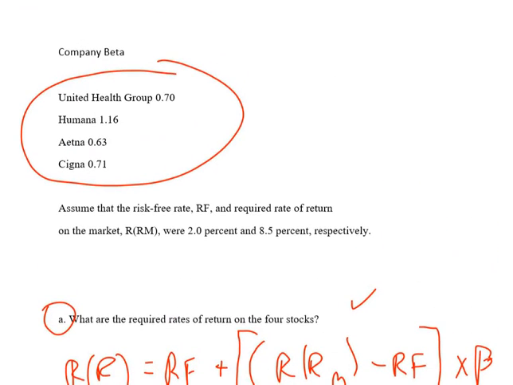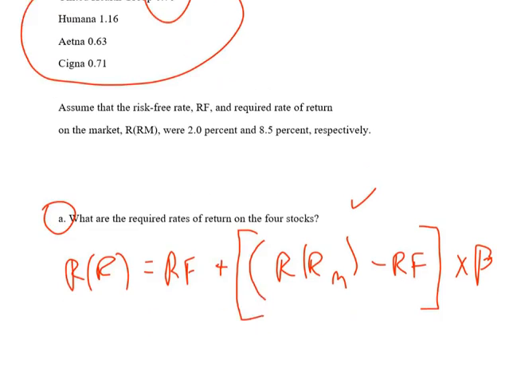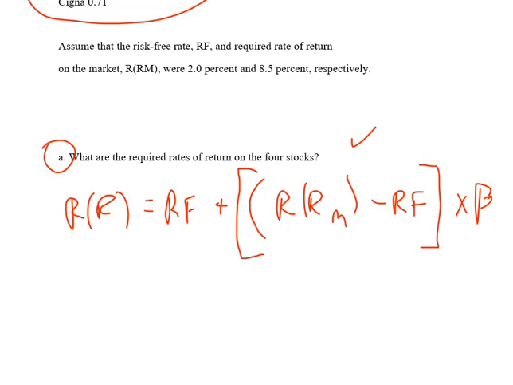All right, so we're going to use that United Healthcare Group. You see where I'm getting that from? We're going to use that beta of 0.7. In the problem, we're given the risk-free rate, 2%. That's pretty good. And we're given the required market return of 8.5. So we just plug in.